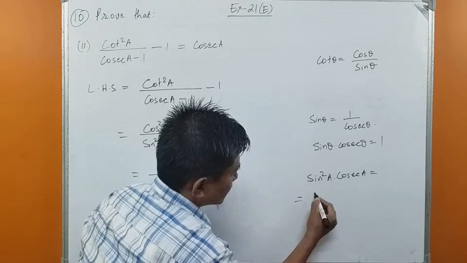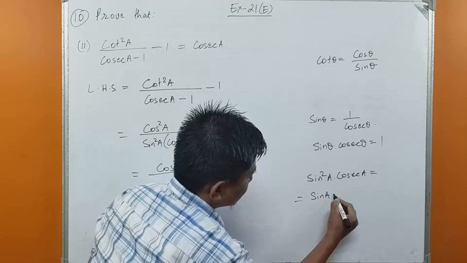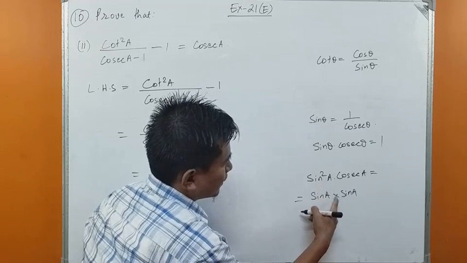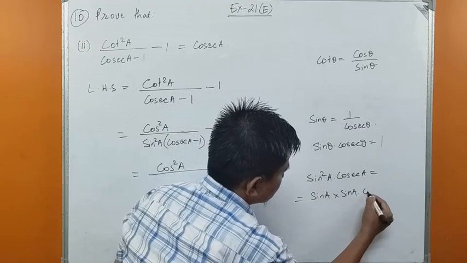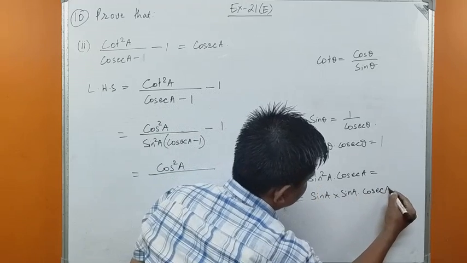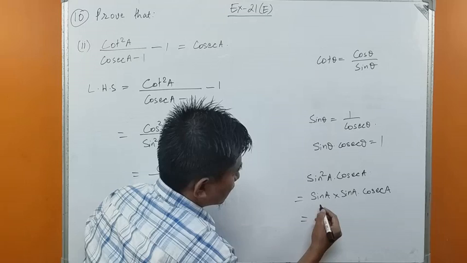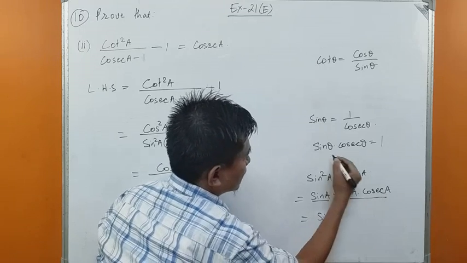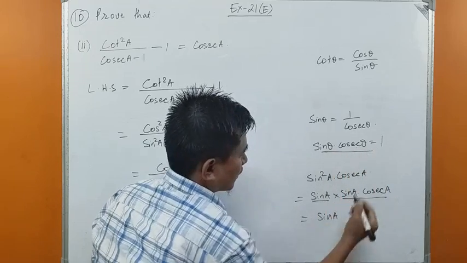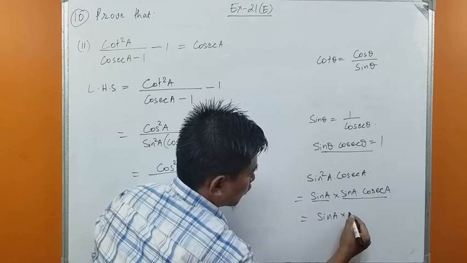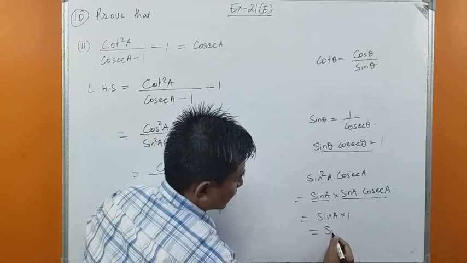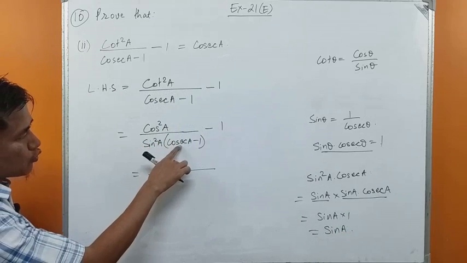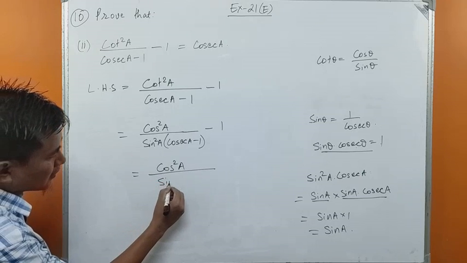Sin square A means sin A into sin A, into cosec A. So this sin A comes here, sin A. Now sin A into cosec A, sin theta into cosec theta is 1. So sin A into 1 is sin A. Are you getting me? This means sin square A into cosec A is sin A.